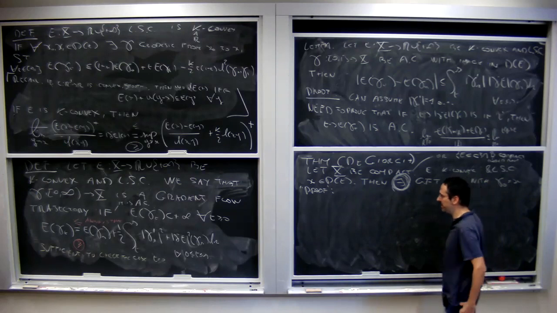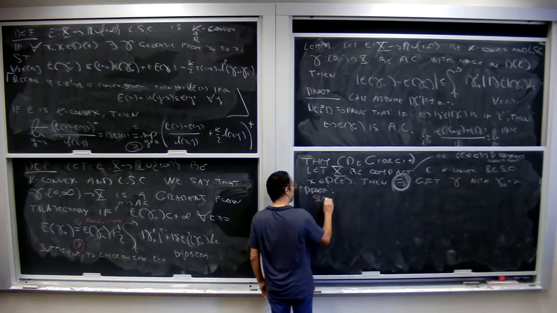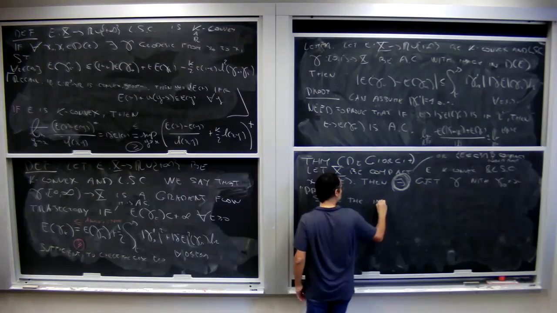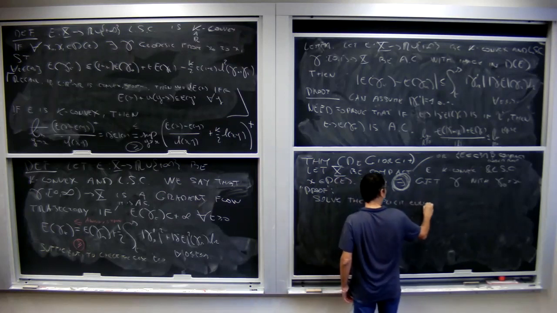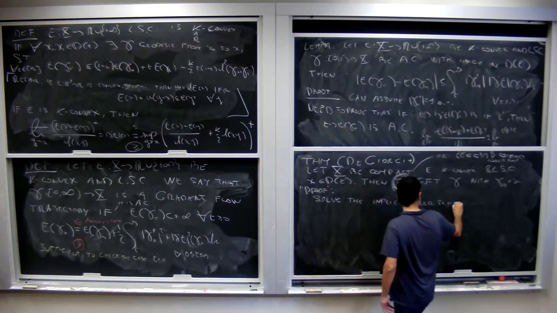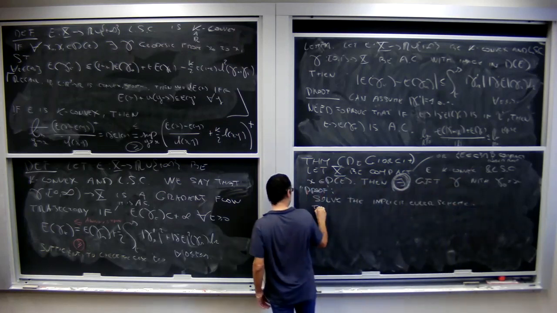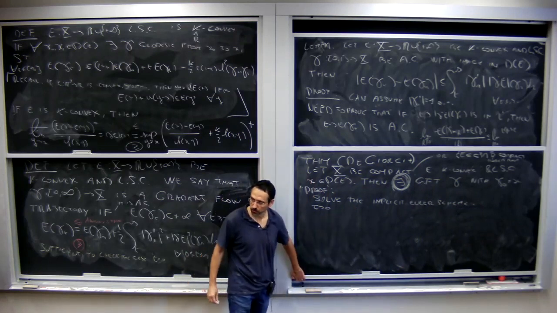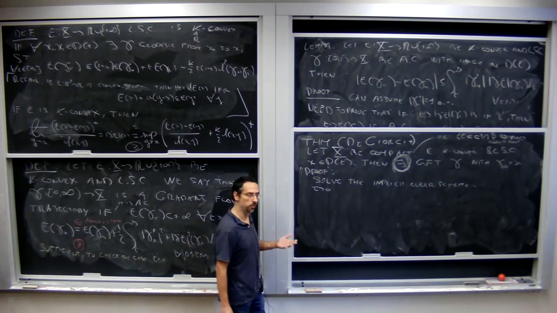And existence is typically obtained in the following way, by solving what is called the implicit Euler scheme. The idea is to say you fix a time parameter tau bigger than 0, and you want to solve a time discretization of the gradient flow equation.